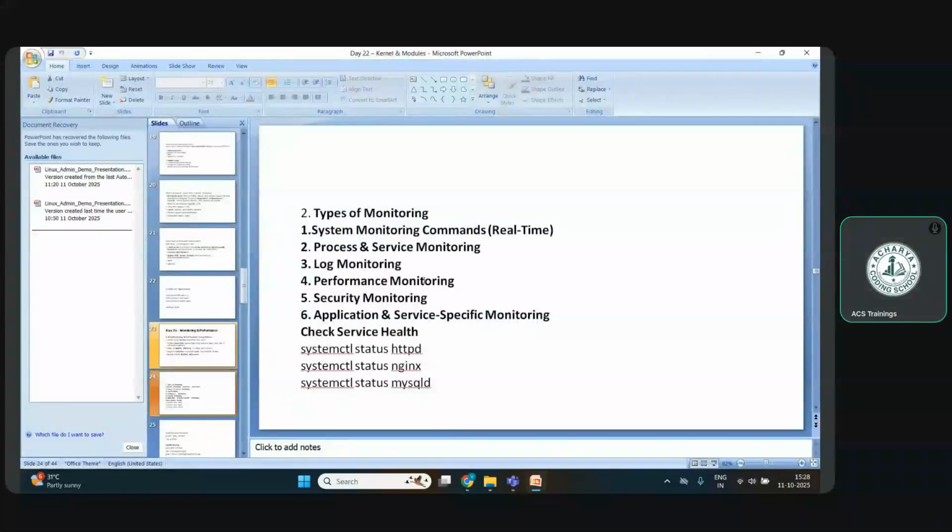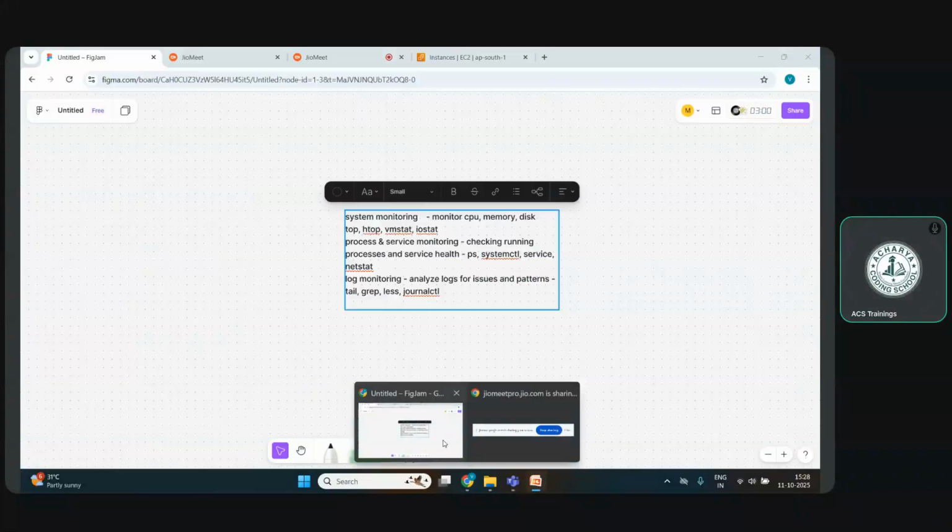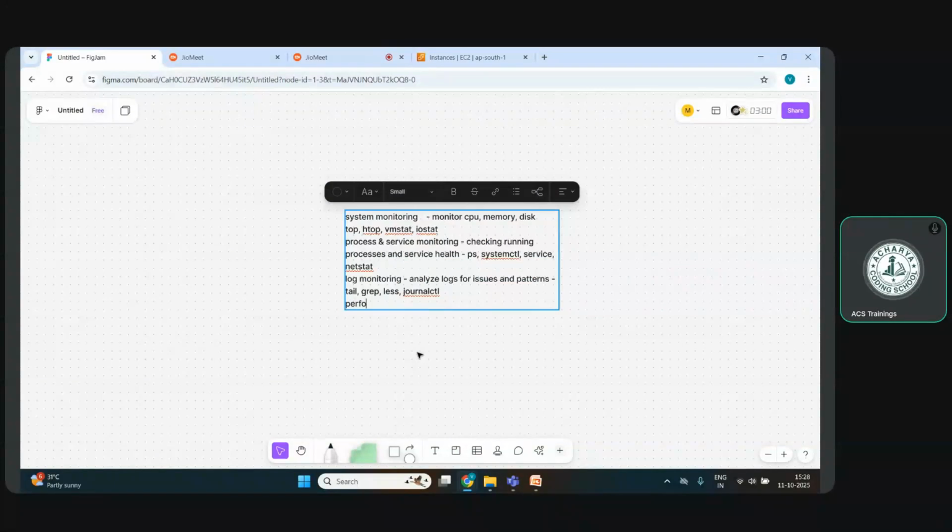And next we have performance monitoring. It mainly helps us detect bottlenecks and slow responses.